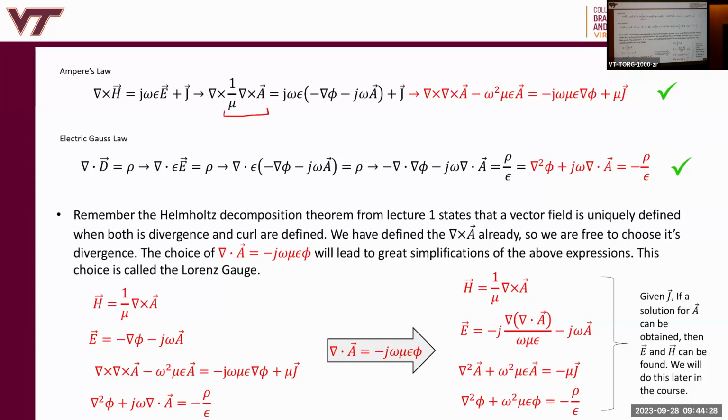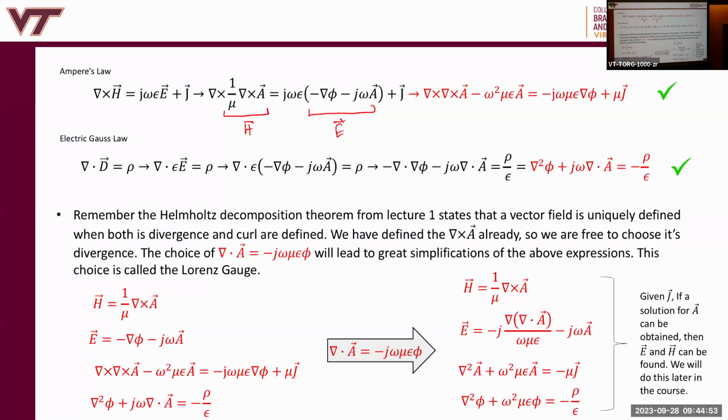Here is H, and here is E in terms of their potentials, plus J. If we factor out mu and multiply through, assuming mu does not depend on position, we end up with the curl of the curl of A minus omega squared mu epsilon A equal to minus j omega mu epsilon gradient of phi plus mu J.